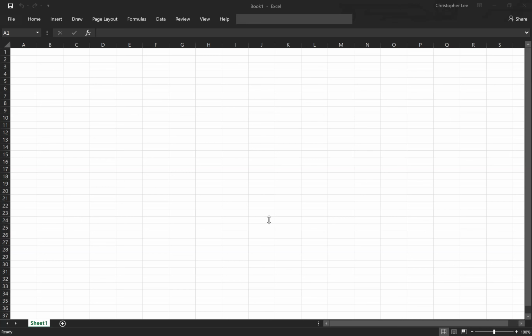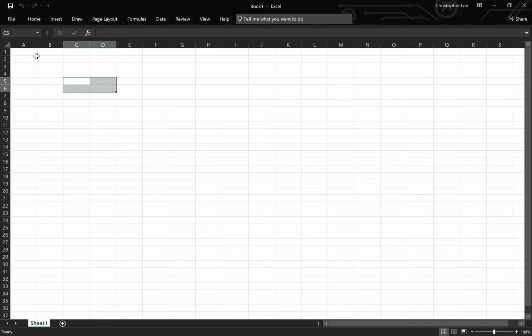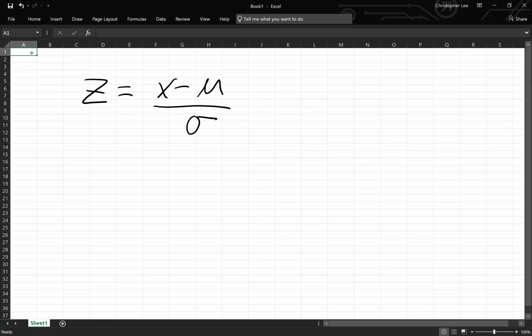So long story short, it's the same process, but the formula is a little different. The standard deviation now, instead of it just being like this, this is our old Z formula: Z is equal to X minus mu over sigma. So last week we had Z is equal to X bar minus mu, but the standard deviation changed.